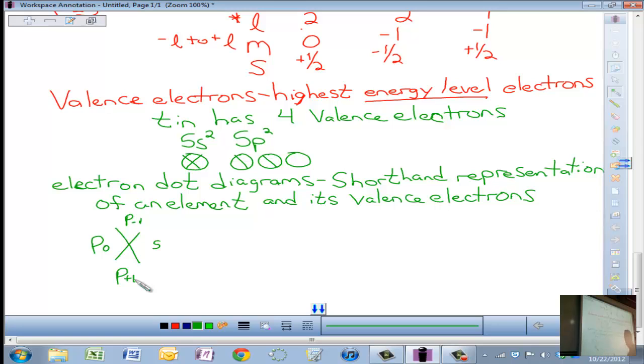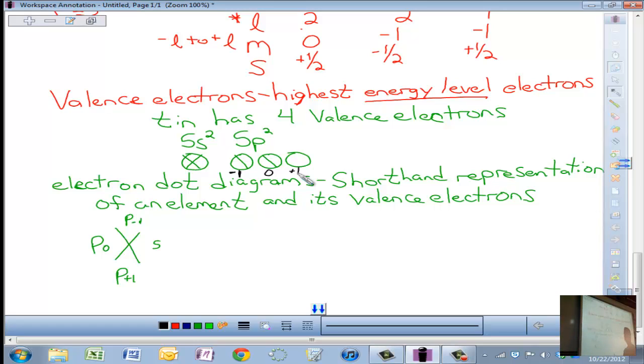And you might be asking yourself, what do you mean by P -1, P0, and P +1? Remember how we numbered our orbitals. This was the -1 orbital. This was the 0 orbital. This was the +1 orbital.